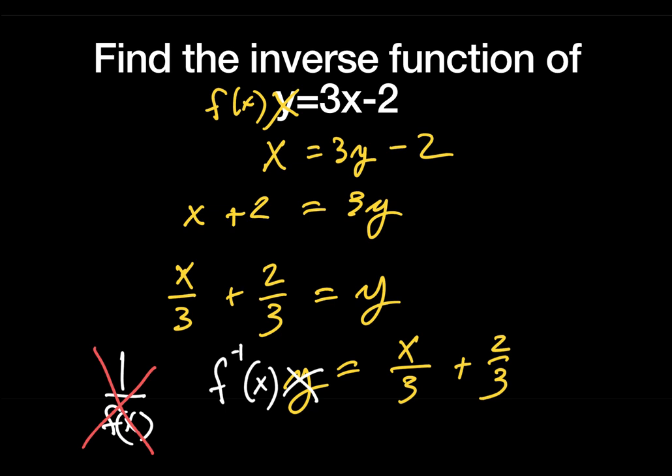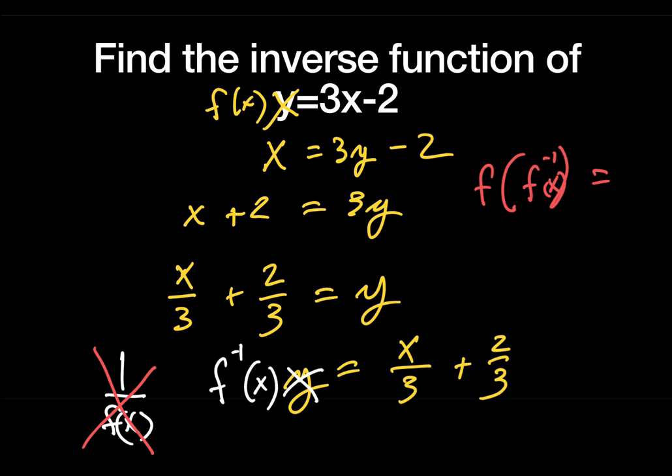If I were to do f of f to the negative 1 of x, so if I take f of the inverse of x, let's go ahead and do it quick.